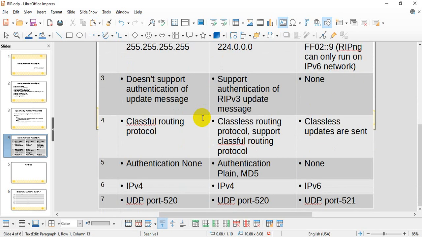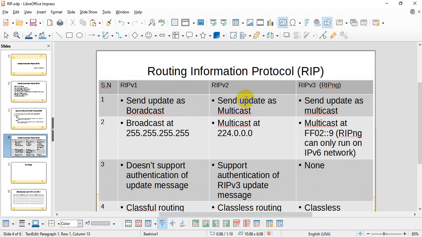As you can see here, RIP version 1 sends updates as broadcast, RIP version 2 sends updates as multicast, and RIP version 3 sends updates as multicast. RIP version 1 broadcasts at 255.255.255.255, RIP version 2 multicasts at 224.0.0.9, and RIP version 3 multicasts at FF02::9 and is only supported by the IPv6 network.